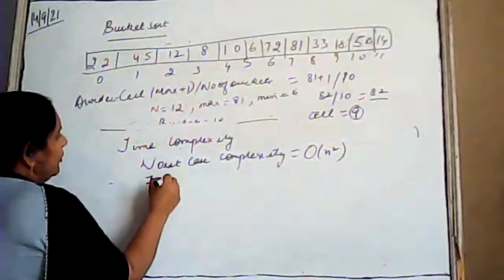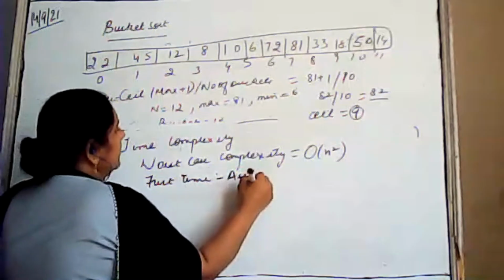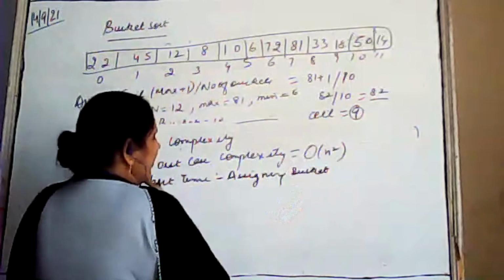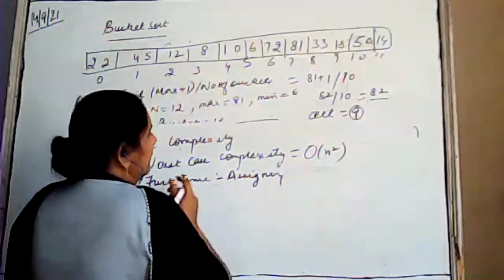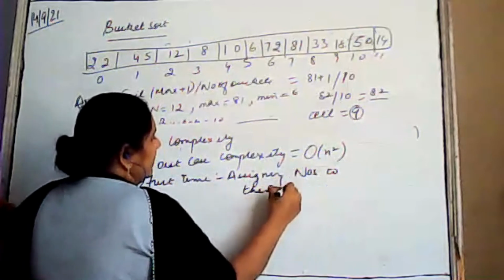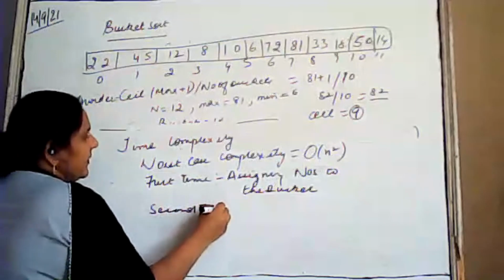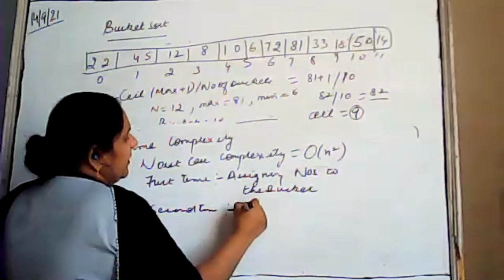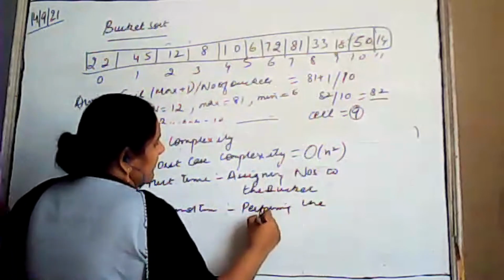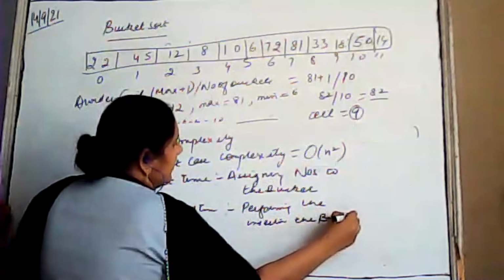First time is for the outer loop, assigning the numbers to the buckets. Second time, performing the insertion sort in the buckets individually.